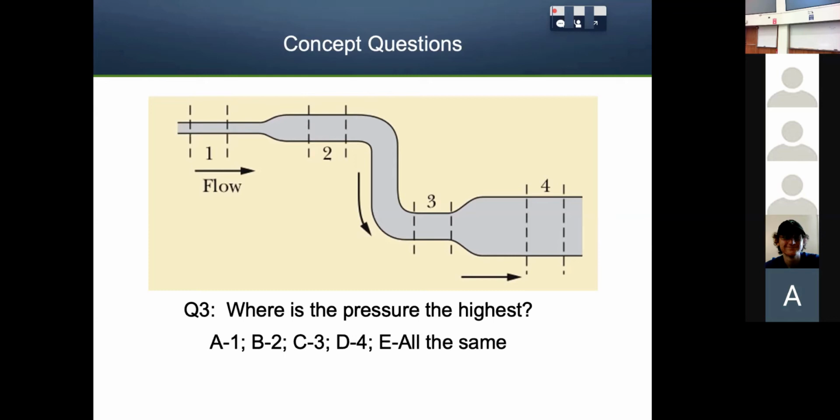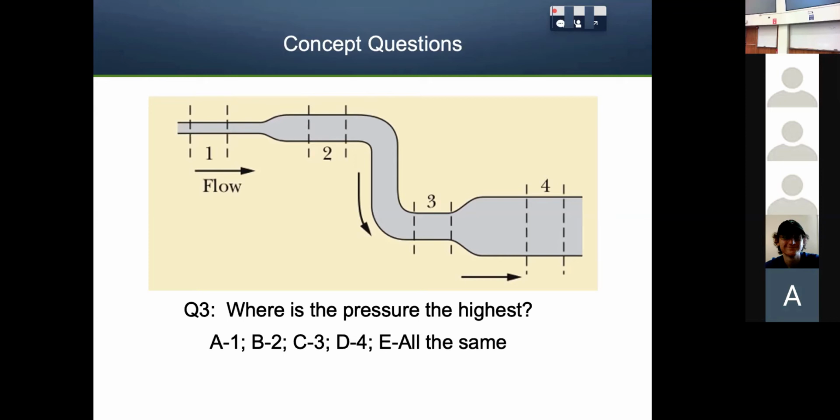Go ahead. I guess there's also the streamlines. Where when the streamlines are close together, that means high velocity and lower pressure. That's right. That's not a bad way to do this.